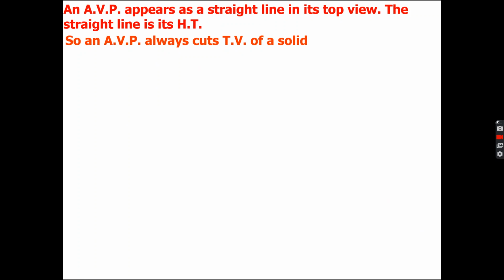An auxiliary vertical plane appears as a straight line in its top view, right? Auxiliary vertical plane means perpendicular to the horizontal plane and inclined to the vertical plane. So it will appear as a straight line when you see it from the top, and that straight line is its horizontal trace. So an AVP always cuts the top view of the solid.